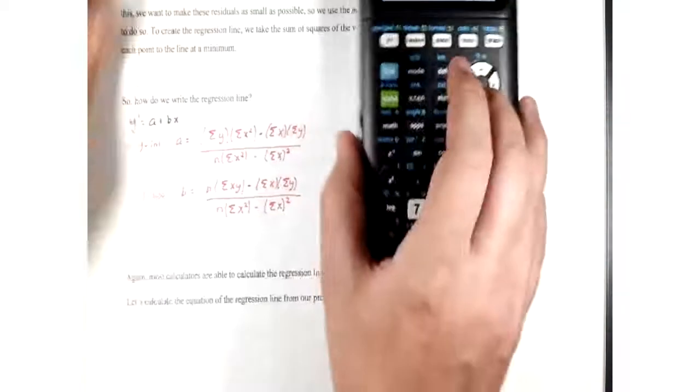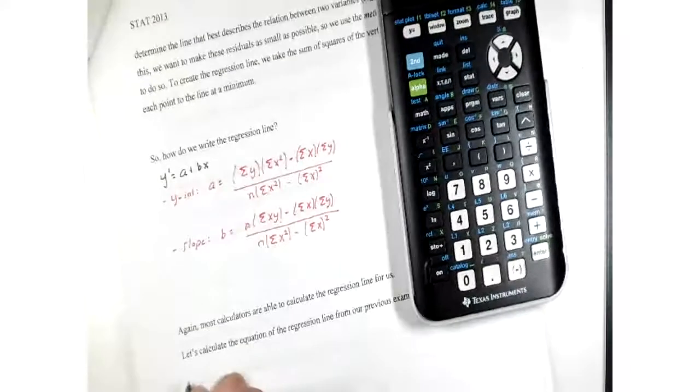So in this case, we have the prediction line equation is given by y prime is equal to 102.49 minus 3.62 x.